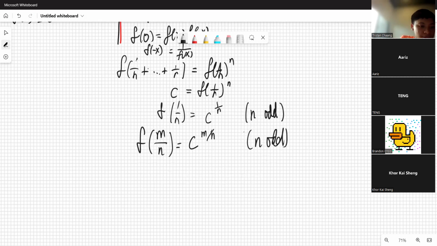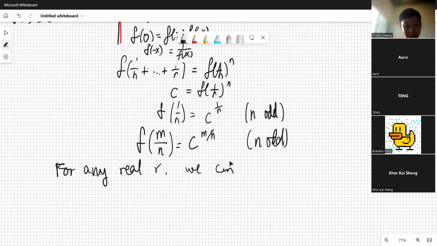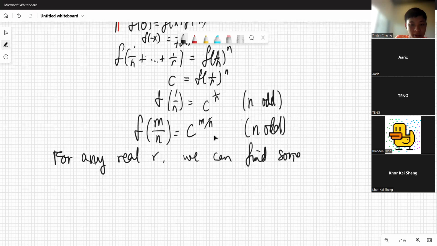In fact, for any real number r, we can absolutely find some p1 over q1, so rational numbers basically, that converge to r.